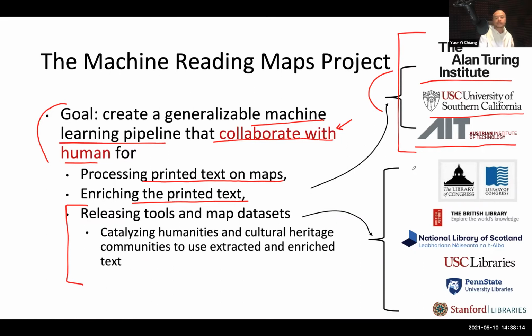Their mission is mainly looking at our progress and giving us ideas on how to push forward this line of research so that we will not build a tool that nobody is going to use, right? So we want the tool to be as useful as possible. We have the Library of Congress in the US, the British Library in the UK, National Library of Scotland, USC Library, the Penn State Library, and the Stanford Libraries.